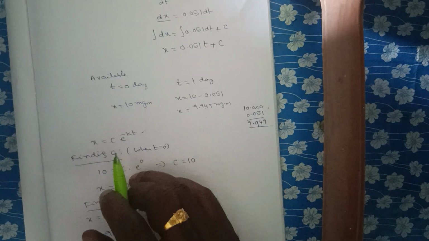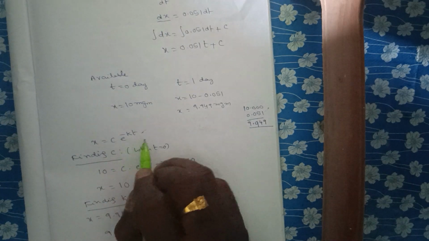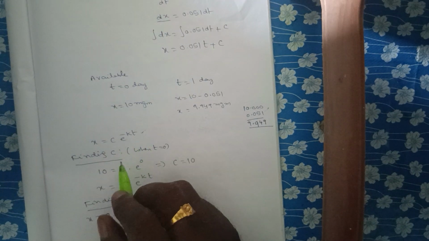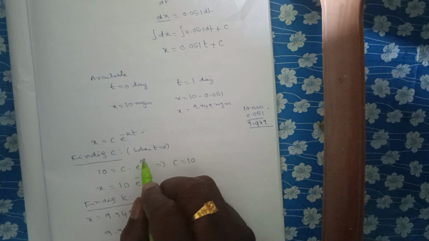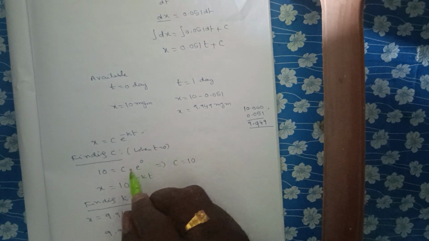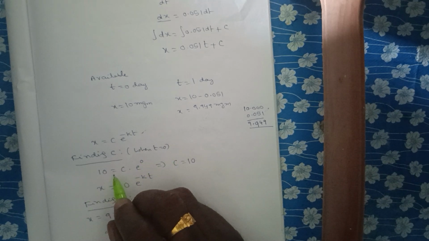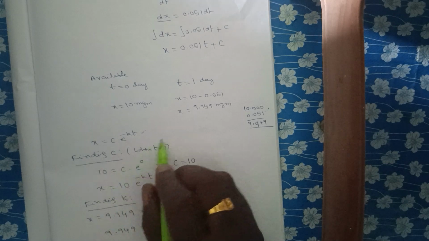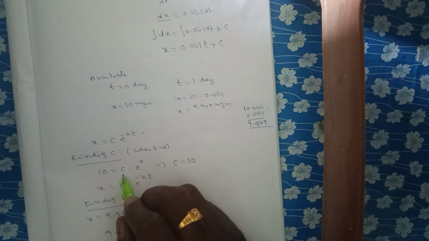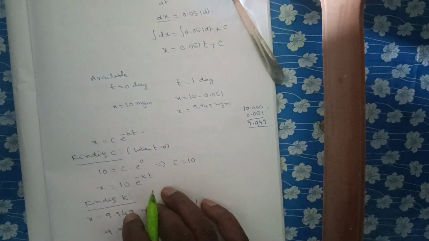We know that x is equal to c e power minus kt in the disintegration formula. Finding the c value: when t is equal to 0, x is equal to 10, so substituting, c is equal to 10.